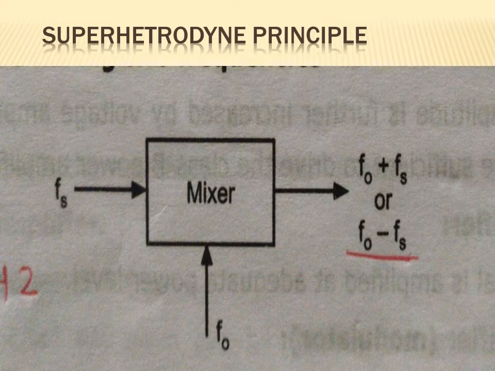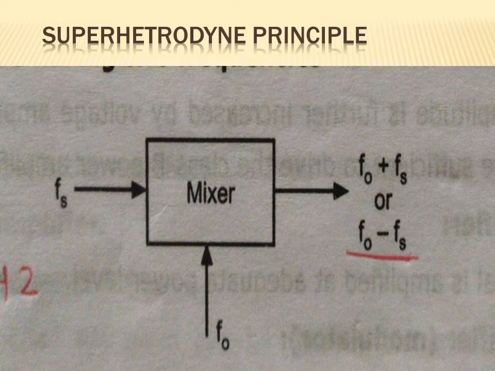At the output of the mixer there are four signals: fs, fo, fo plus fs, and fo minus fs. Out of them, the difference component is selected, which is called the intermediate frequency. The difference component is fo minus fs. All TV and radio sets operate on this principle.